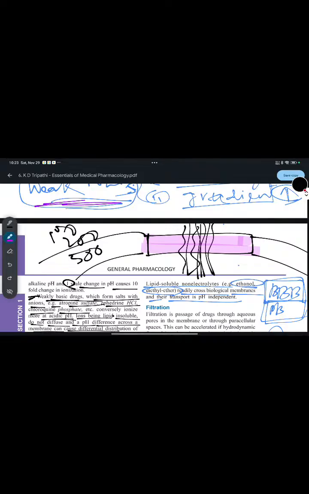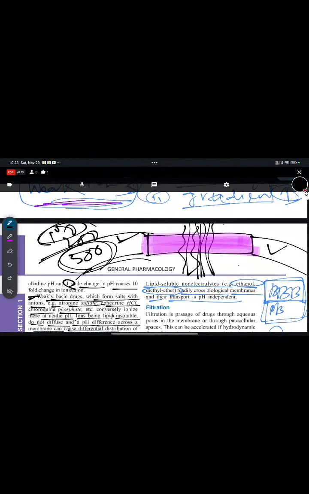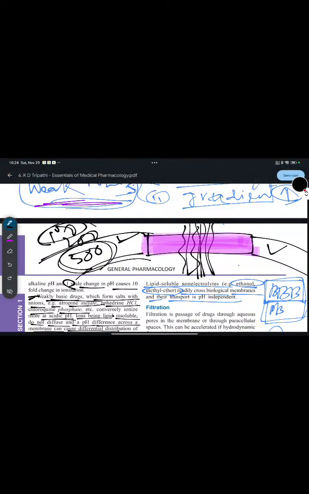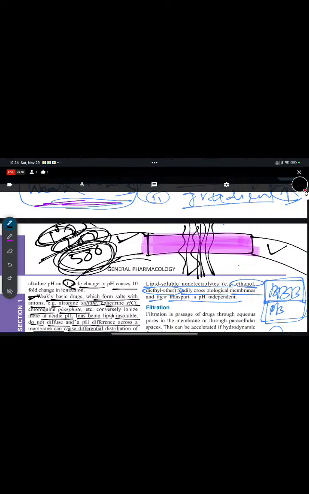At one time, how many members will pass through this bridge? Only 100. Even if 500 people are present, all 500 can't go from one side to the other through this bridge, because the capacity of the bridge is only 100. That is called saturation. If 100 people are present, they will go. If 200 are present, only 100 will go. If 500 are present, only 100 will go. That 100 is the capacity of the bridge.